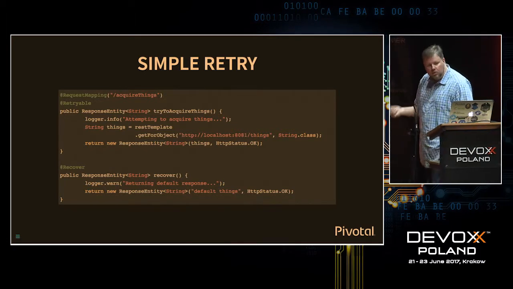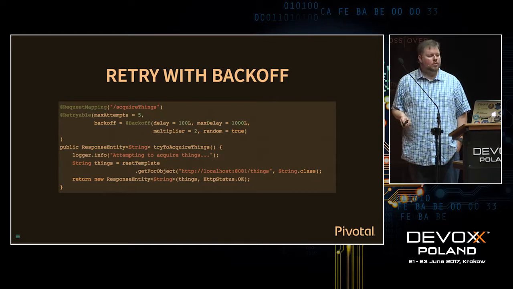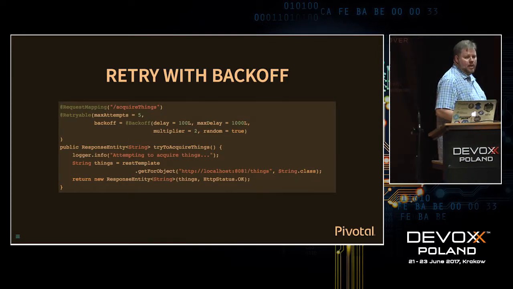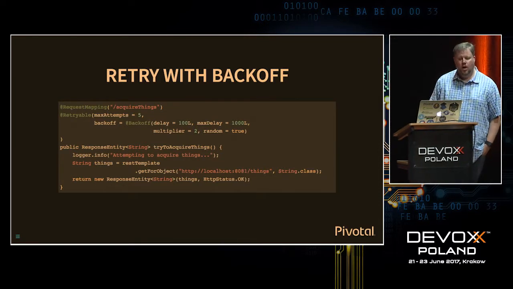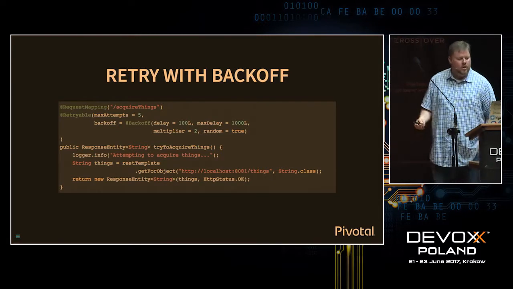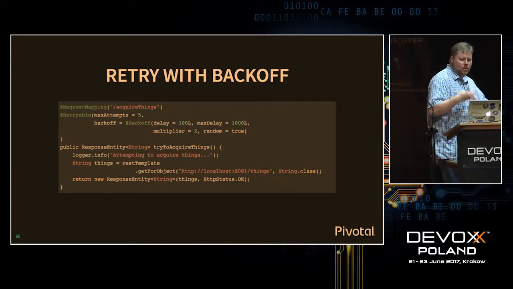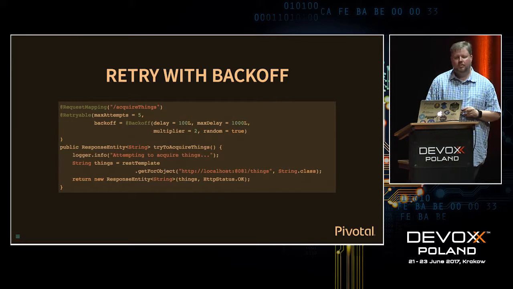Now, if we want to introduce a back-off strategy, that's pretty easy as well. So @Retryable takes a backoff argument, and we can hand to it another @Backoff annotation where we can enhance the behavior by adding delays. What do we want to start with? What do we want the maximum to be? What multiplier do we want to use between them? Do we want to randomize that backoff in any way?